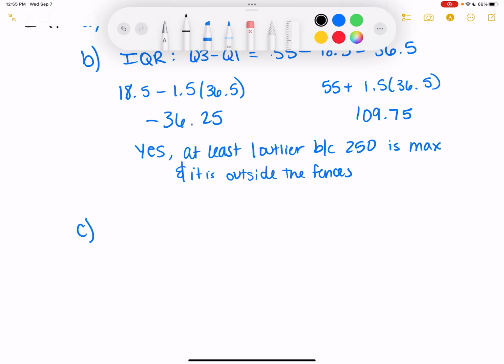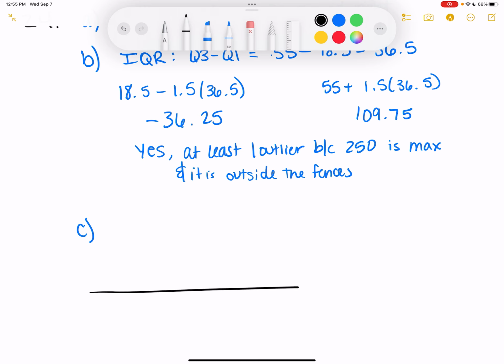I'm going to draw it in increments of 20, and then I'll show you what we're going to do to show the one that's out at 250 so you don't take up 80 pages of space. We don't have a next closest value to our fence, so we're going to use 109.75 as our fence.